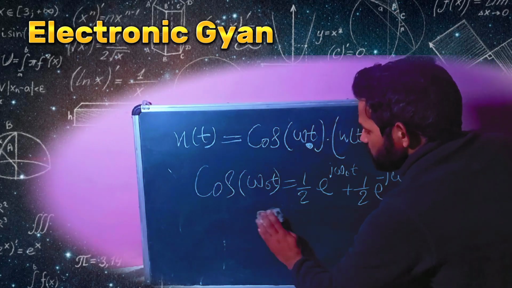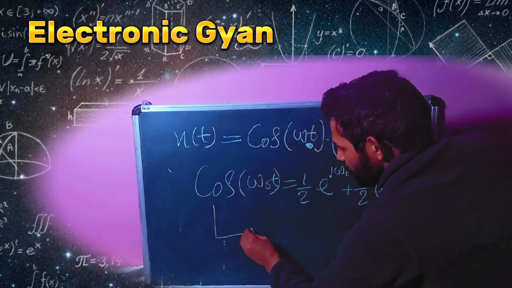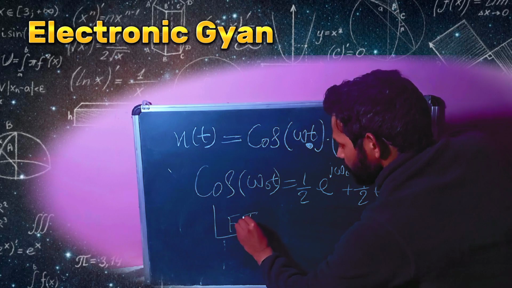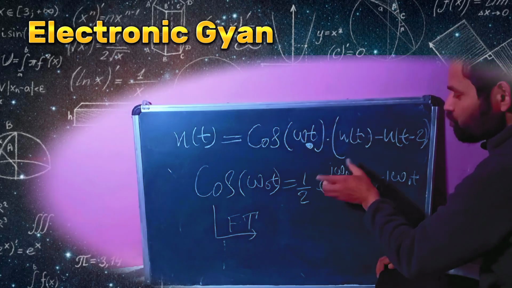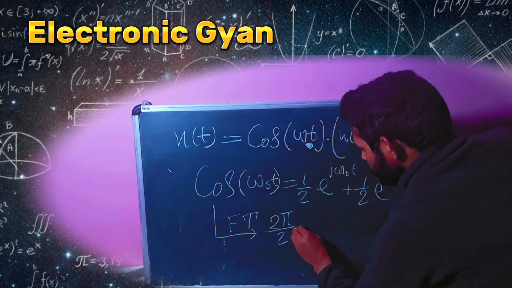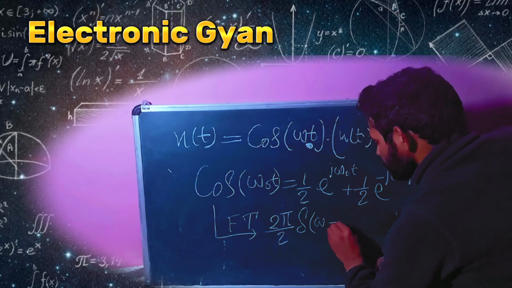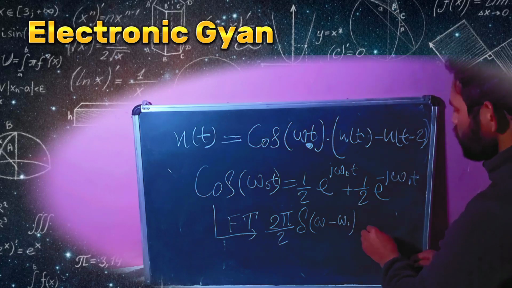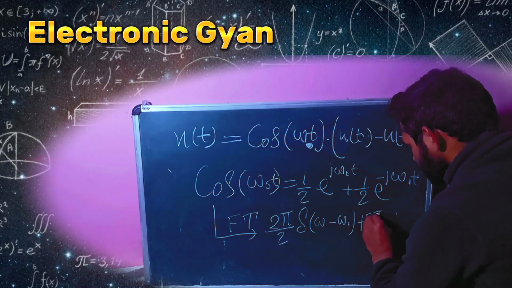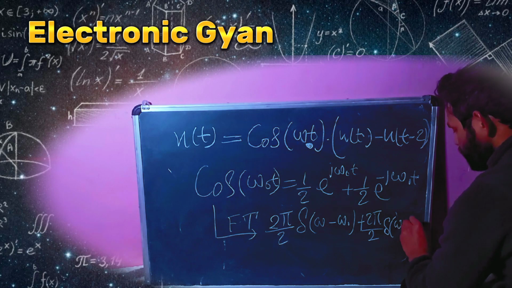Applying the Fourier transform, as we have seen, the standard exponential signal Fourier transform gives 2 pi divided by 2 into delta of omega minus omega naught plus 2 pi divided by 2 delta of omega plus omega naught.